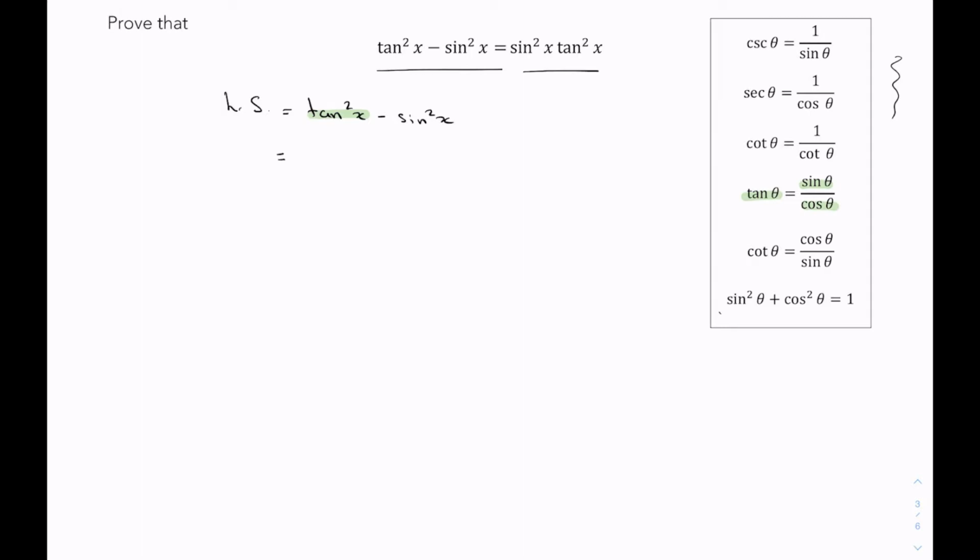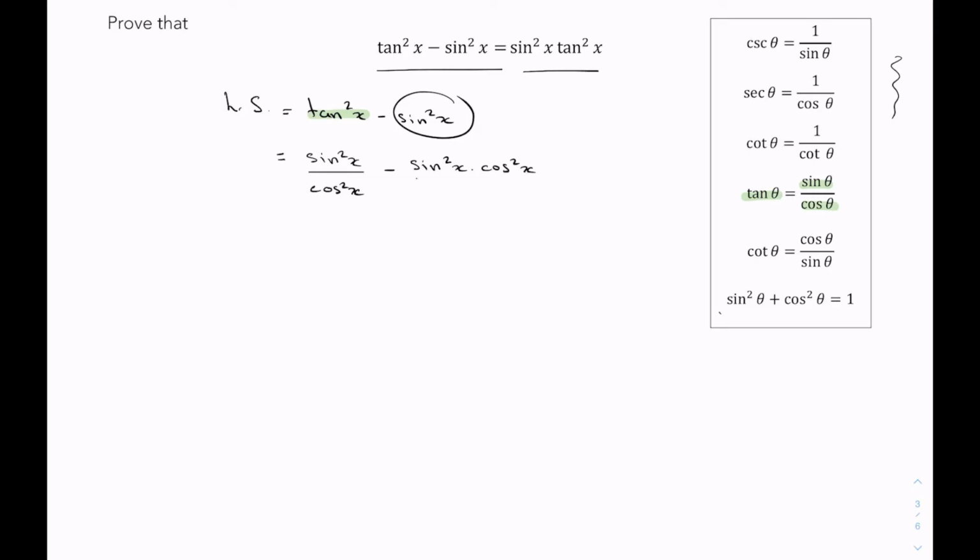Because it's squared, I'm going to square the numerator and the denominator to give me sine squared x over cos squared x. And in the same step, because sine squared is a fraction over 1, I'm going to multiply it by cos squared x.